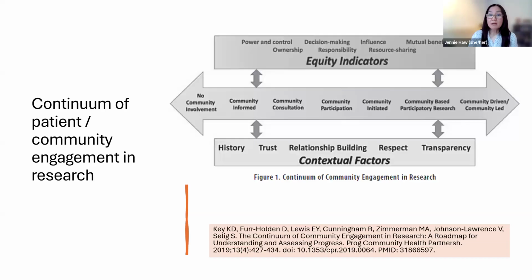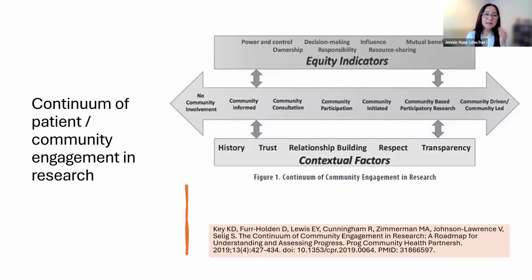So there's no single way that communities or patients or publics can be involved. And if we consider the principles, we want communities to be involved throughout the research process as much as possible. It's also important to recognize and attend to the needs and priorities of communities involved and the resources that they have.